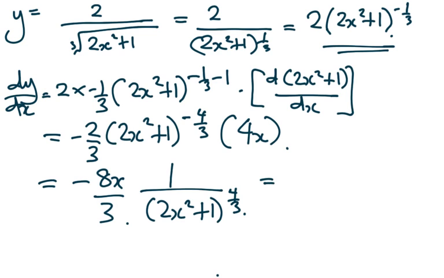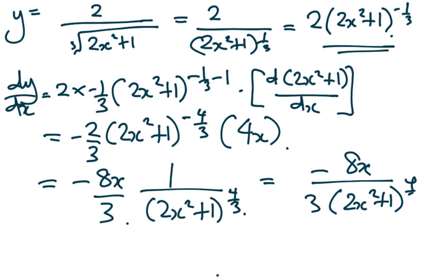So this is the same as negative 8x over 3 times 2x squared plus 1 to the power of 4 over 3.